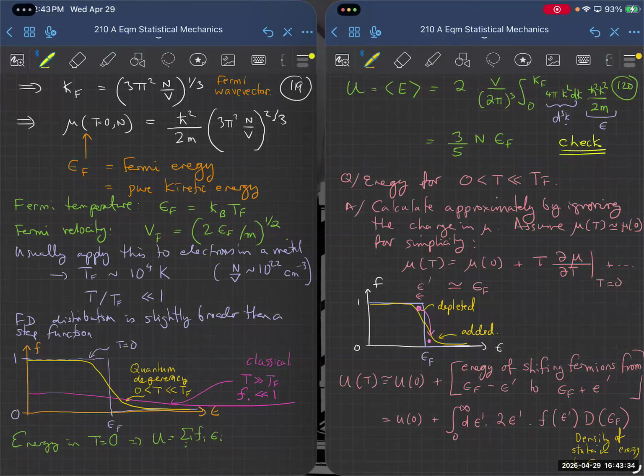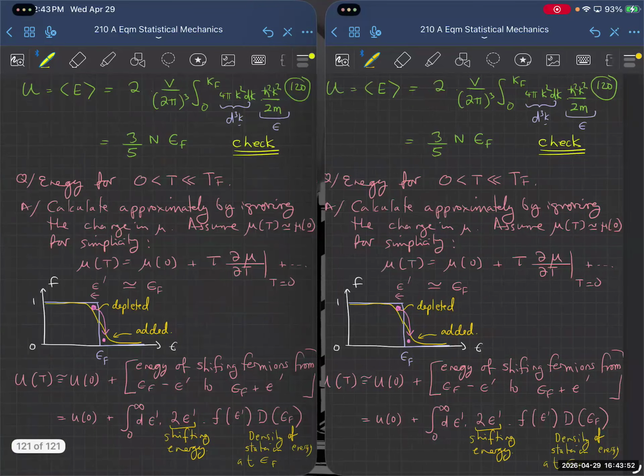That's the Fermi surface at epsilon prime. F prime is the Fermi-Dirac distribution, and this is the shifting energy. So then you would have to do that integral.